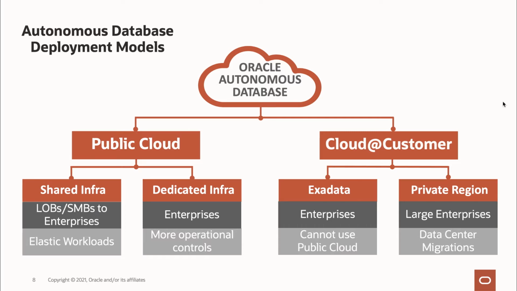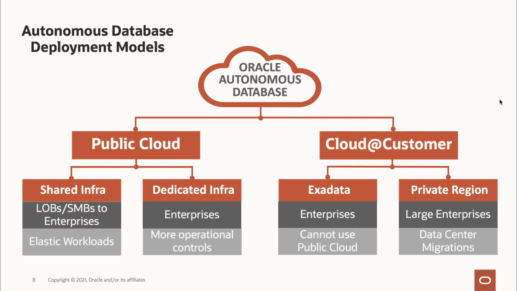The second deployment in the public cloud is autonomous database on dedicated infrastructure, which is targeted towards enterprises that have a larger requirement and would like to reserve Exadata machines just for their enterprise, which does provide you with more operational controls in terms of maintenance activity and access, since it is reserved for your particular enterprise.